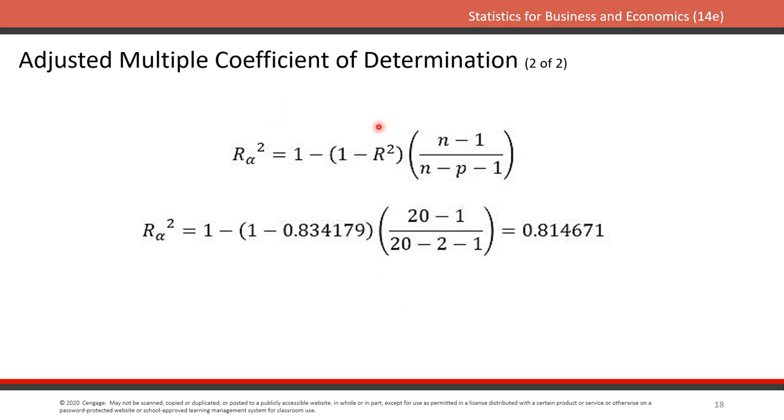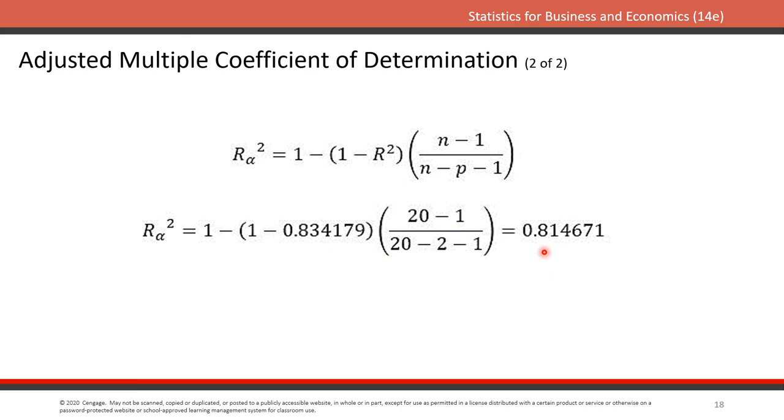The equation starts out with your regular coefficient of determination and multiplies by this, where n is the sample size and p is the number of independent variables you have. So in this case, I've got 20 for my sample size, and I've got 2 independent variables. And so I'd multiply by this. And in this case, this is supposed to give me a bit of a better estimate.